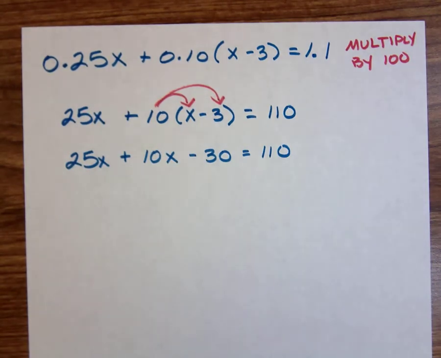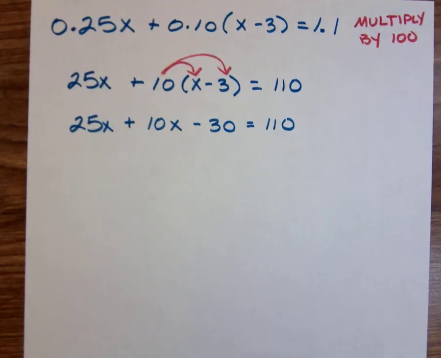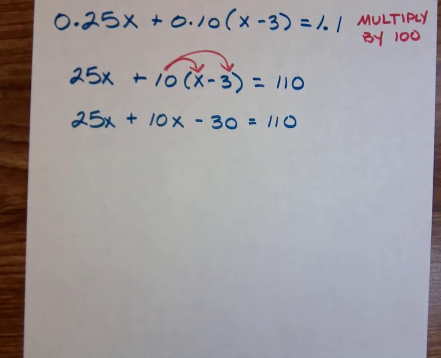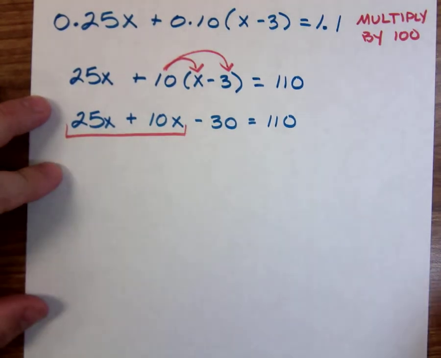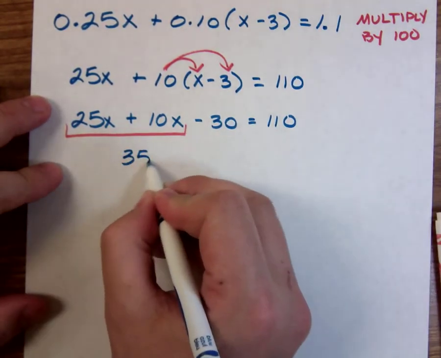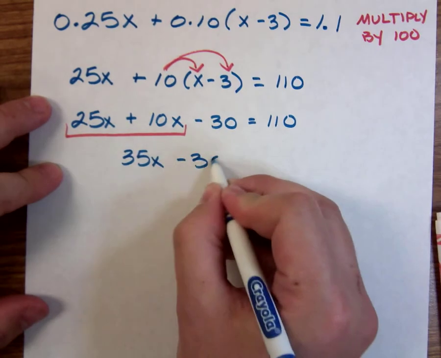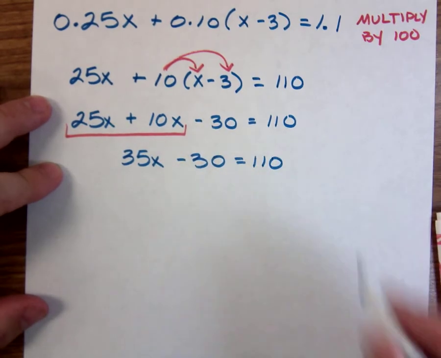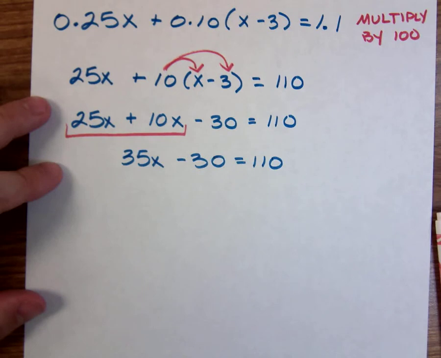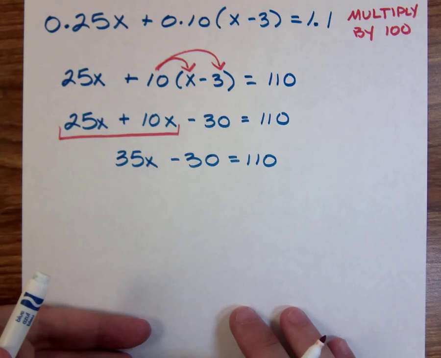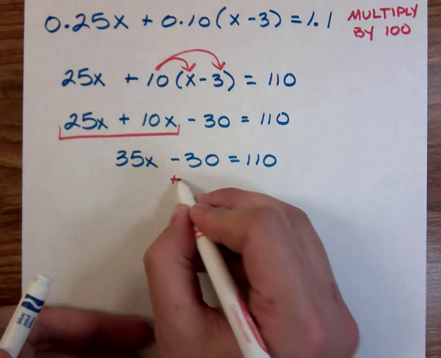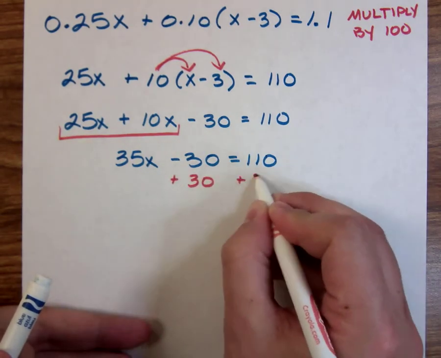Now what? Add the 30, yeah, that'd be okay, but before I do that, there's something I can do. Yeah, I can combine the x's, can't I? They're on the same side of the equals, that's pretty nice. Okay, then what? Now let's add the 30, that seems good.